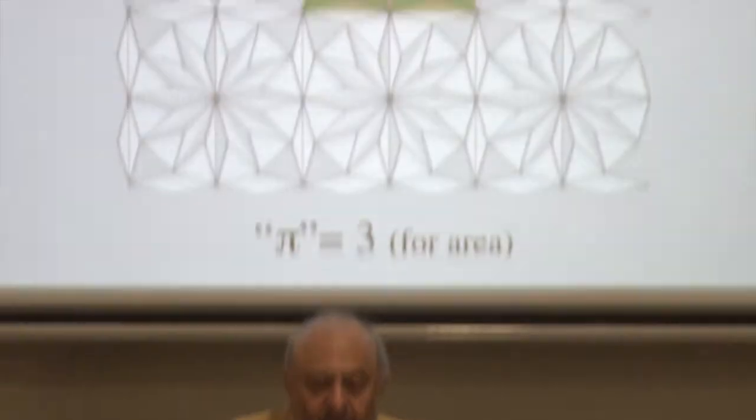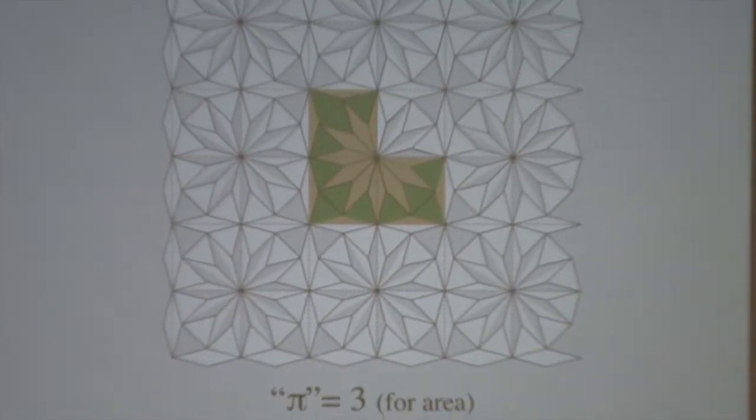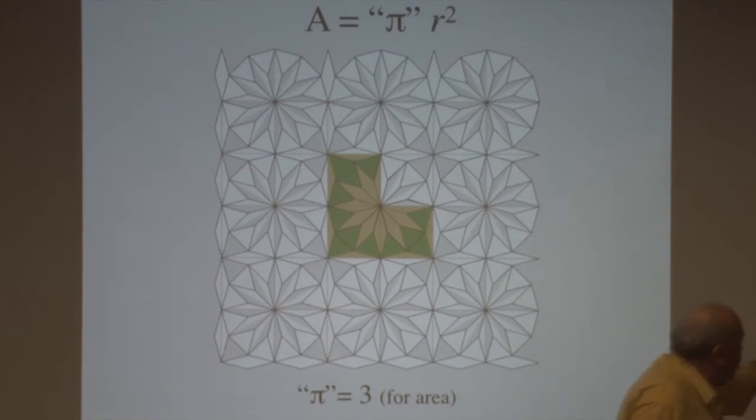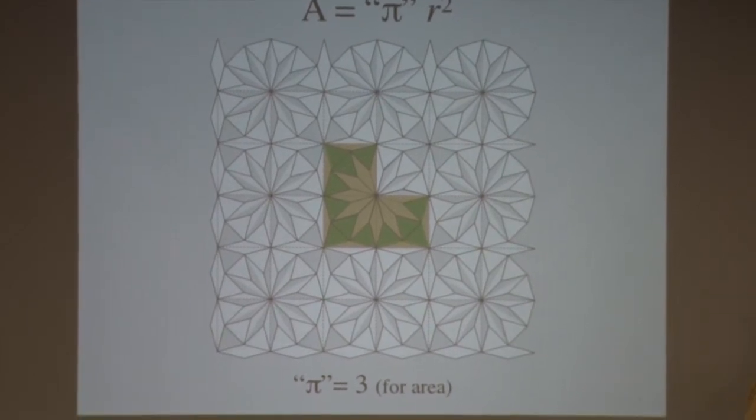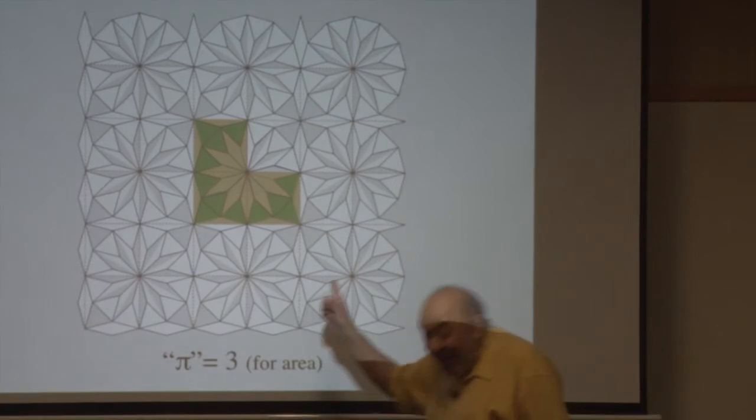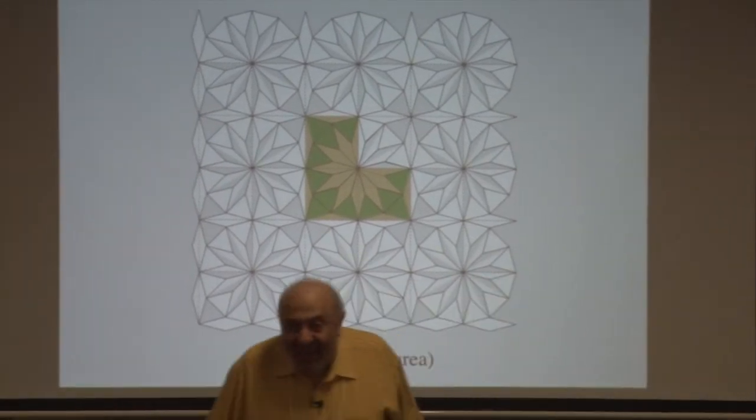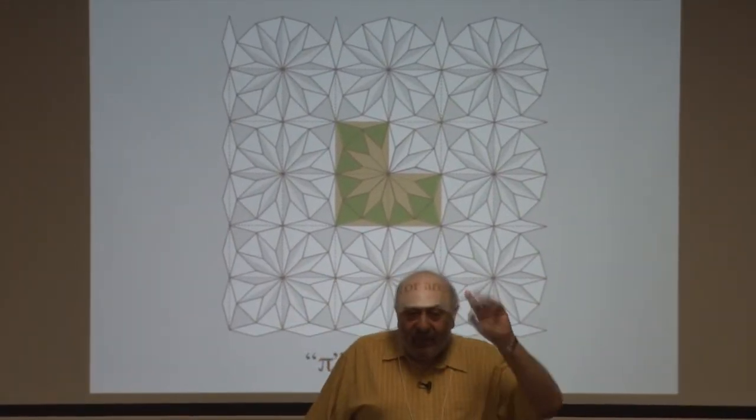So this tessellation, this tiling, was, I'm told, proposed by a mathematician named Kershner in 1898 for this purpose. And I can give you a journal reference.